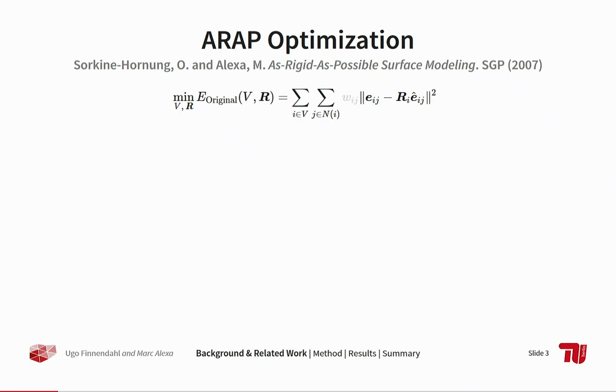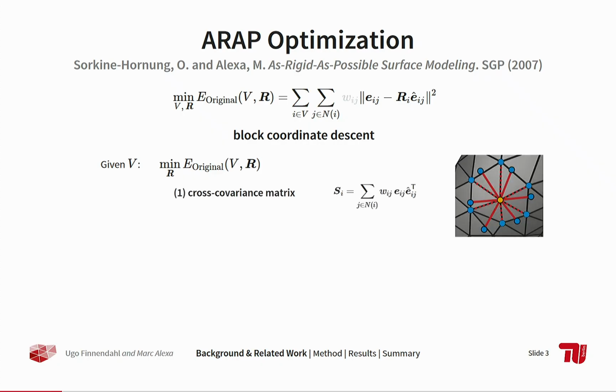But we can isolate them, which means we can do a block coordinate descent. Given fixed vertices V, finding the optimal rotation per vertex is quite simple. First, compute the so-called cross-covariance matrix, then extract the optimal rotation using the polar decomposition.